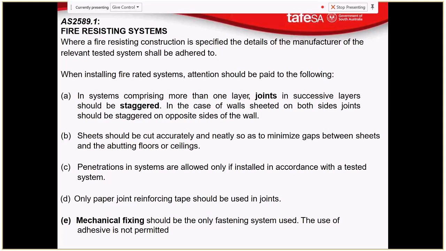So this is in plan view, and then we'll have one layer of plasterboard, and then let's say we've got our joint there, and we'll have another layer of plasterboard which will have its joint down here, for example. And then same on the other side, except we have a joint here. We want to avoid having a joint there in our next bit of plasterboard, so we'll have a joint here.